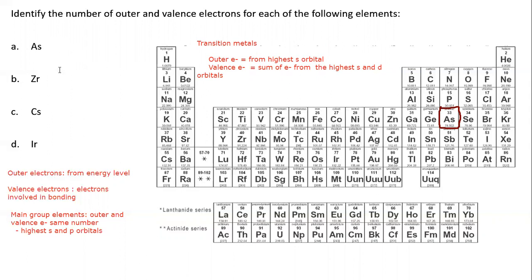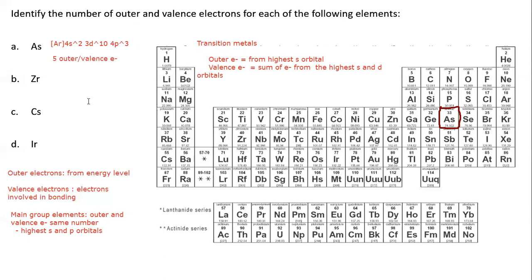So we wrote the shorthand electron configuration of arsenic. You see that the highest energy level is the 4s and 4p, so that gives you a total of 5 outer, valence electrons.